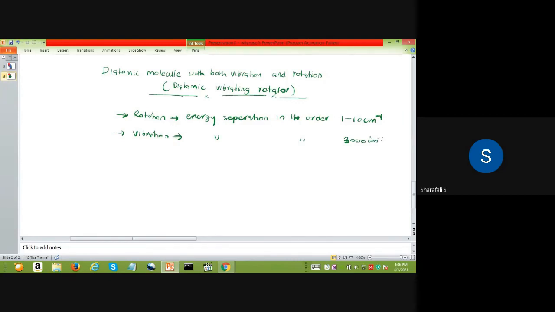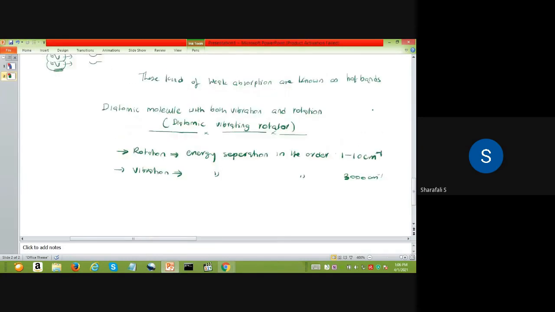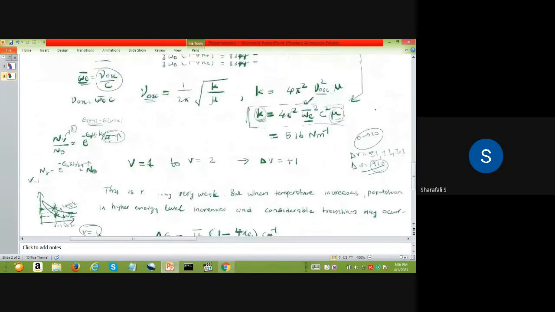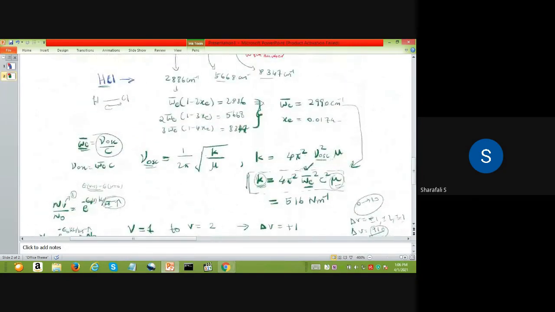For example, for the HCl molecule, we just calculated it and found it is around 2990 centimeter inverse.